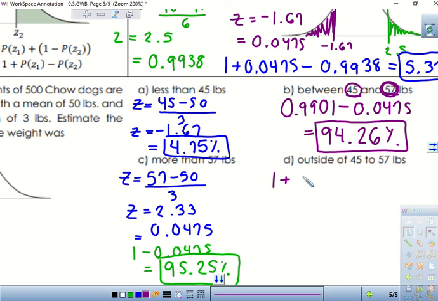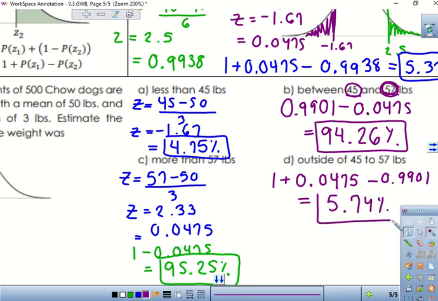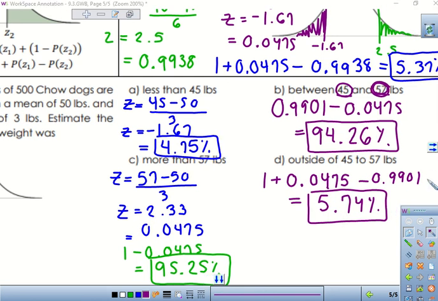So it's going to be 1 plus 0.0475 minus 0.9901, which is equal to 5.74%. So we're just using basically all the concepts we used in the first problems. And I just used the z-scores I already found from the previous parts, because they still use the same numbers. So it's just making sure you follow the formulas, that's really it. So any questions?